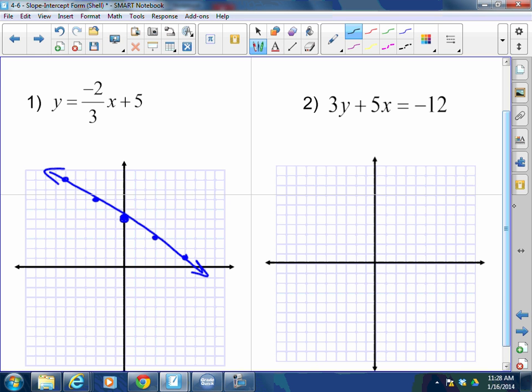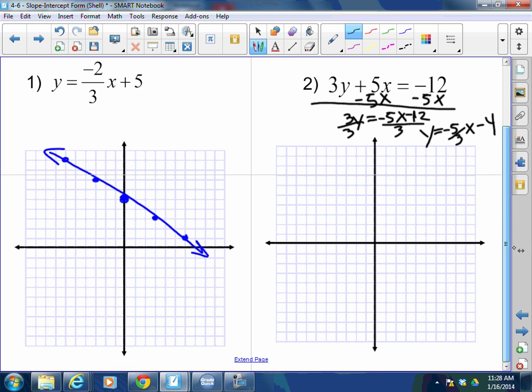How do I solve for y here? Subtract 5x from both sides. So I've got 3y equals negative 5x minus 12. Now what? Divide both sides by 3. So y equals negative 5/3 x minus 4.